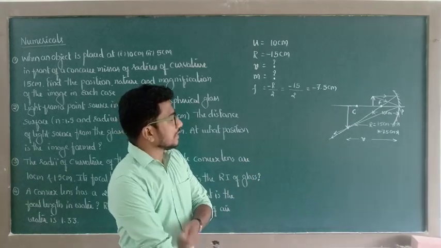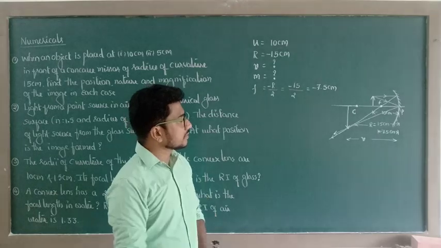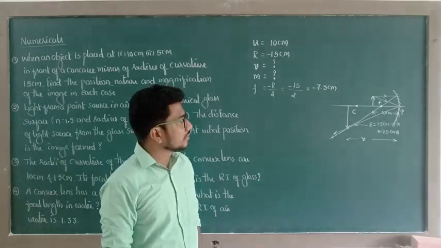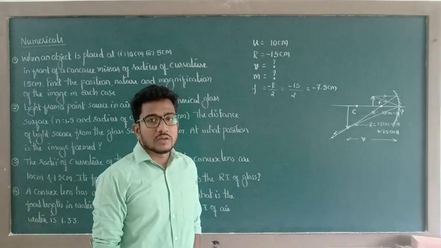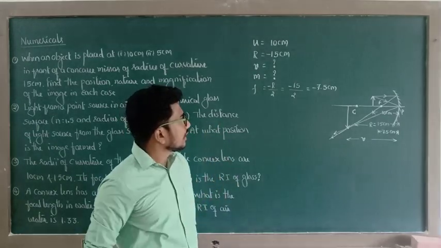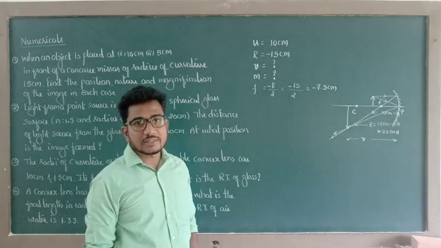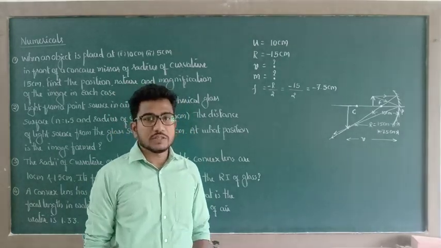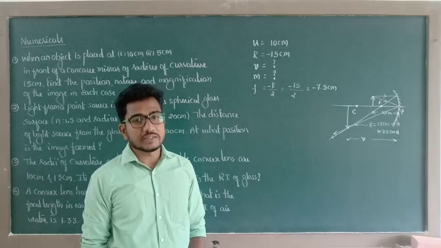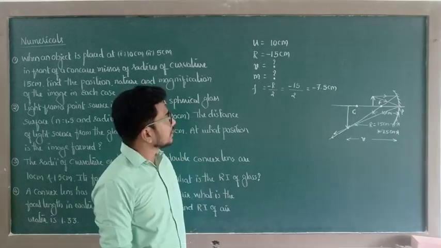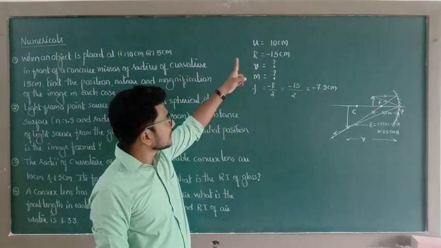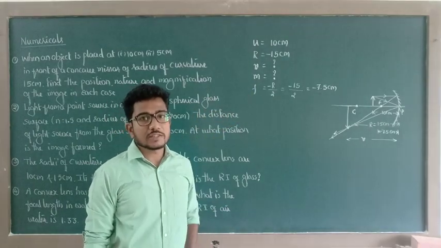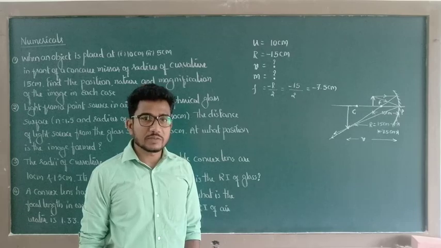Now to calculate the image distance in the case of spherical mirrors, we have a relation between focal length and radius of curvature, and a relation between focal length, object distance and image distance. Here the given data is in terms of object distance and focal length, so we can easily calculate the image distance by using the mirror equation.